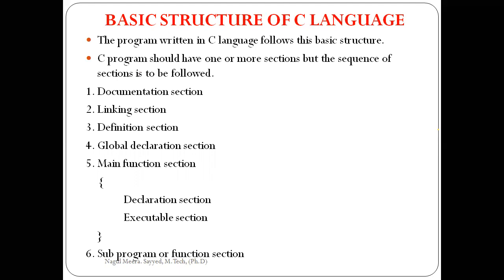That means all C programs need not consist of all these blocks. Now we are discussing these 6 blocks. All C programs need not consist of all these 6 steps, but if we write these 6 steps, we must follow the sequence.